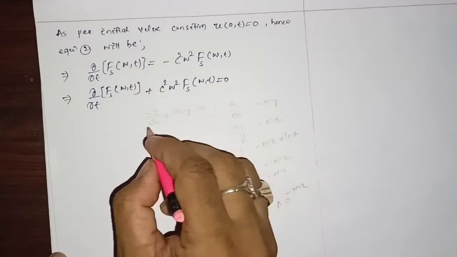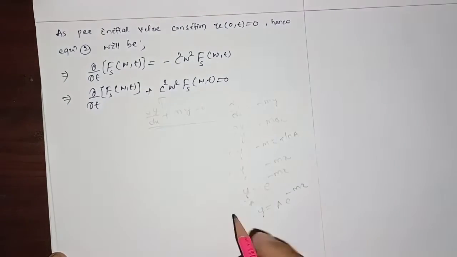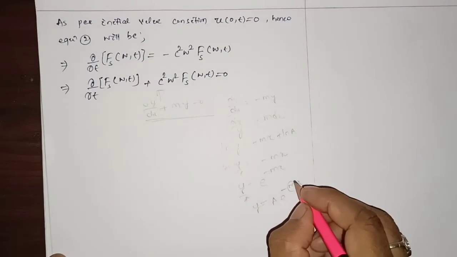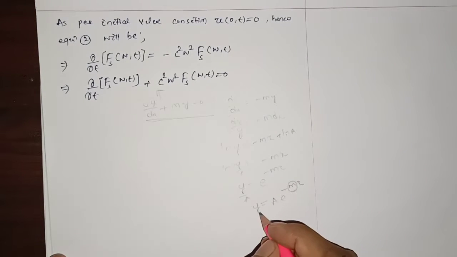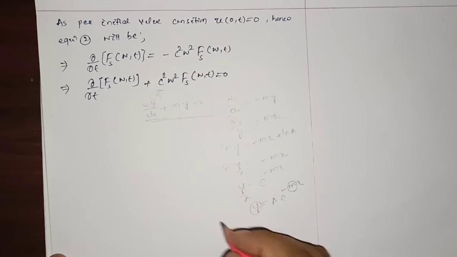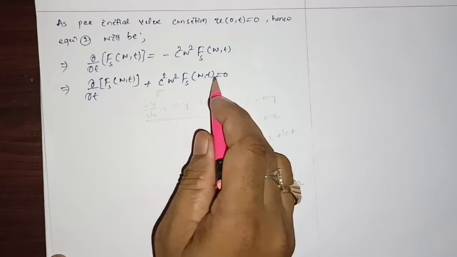So if I compare this equation with this one, here instead of m we have to write c square omega square, right? And instead of y, we have to write capital Fs(omega, t).